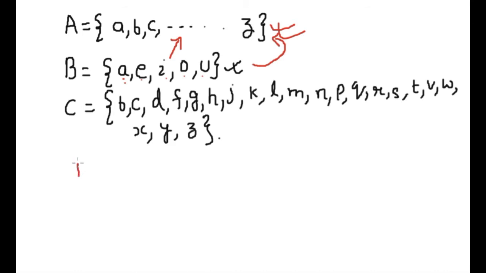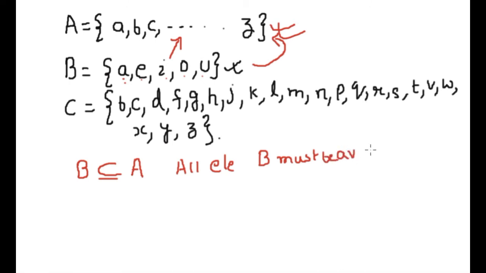In this case, we will represent it like B is a subset of A, where all elements of B must be available in A.